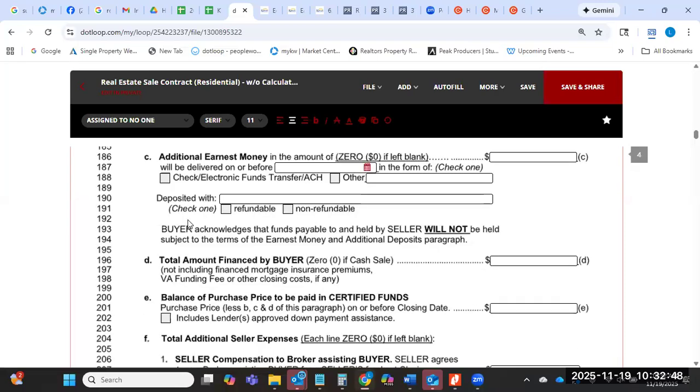Additional earnest money, kind of hit on this the other day. If the buyer doesn't have enough to put down to meet the seller's desires at this point in time, then we would say, okay, more to come later. A lot of times it's based on the effective date of the contract. It could be based upon successful renegotiations of inspections.